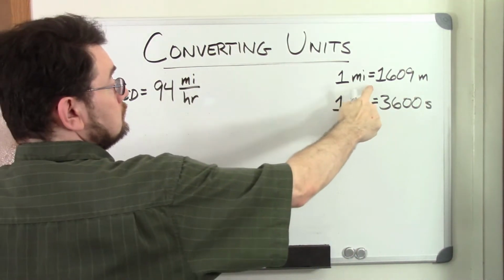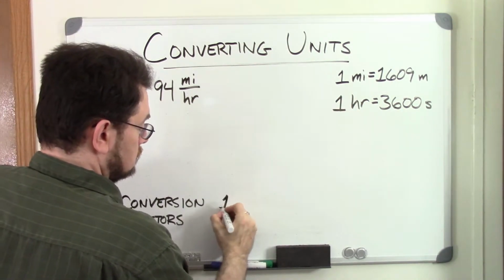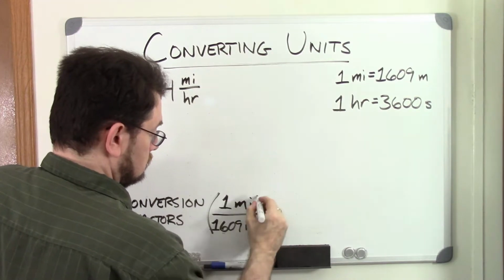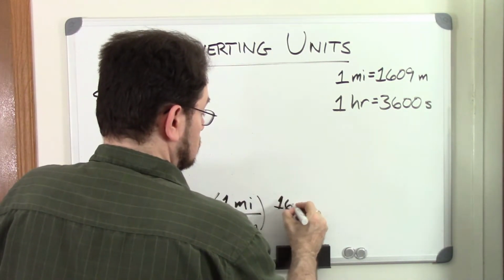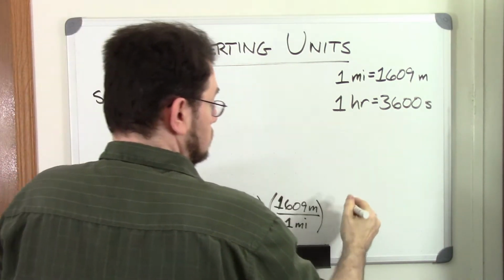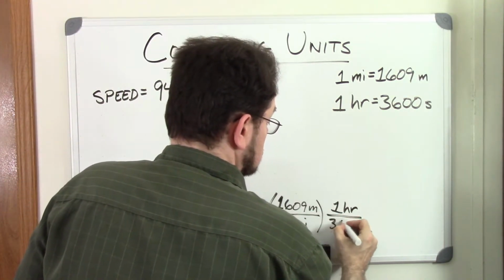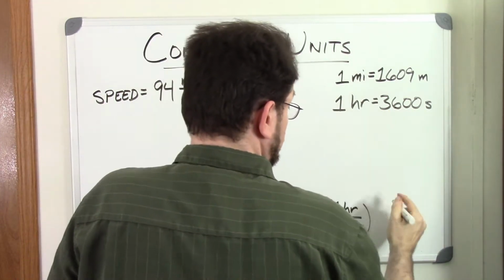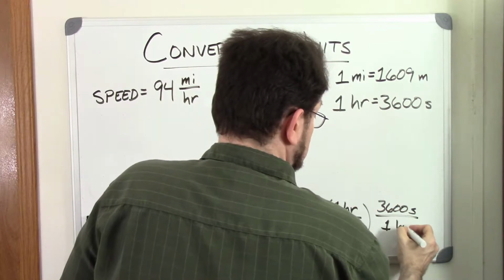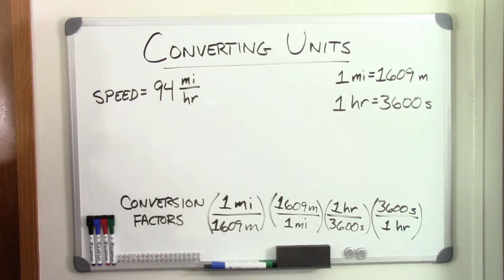This gives us the conversion factors 1 mile over 1,609 meters, and 1,609 meters over 1 mile. If we look up how many seconds there are in an hour, we see that 1 hour equals 3,600 seconds. This gives us the conversion factors 1 hour over 3,600 seconds, and 3,600 seconds over 1 hour.